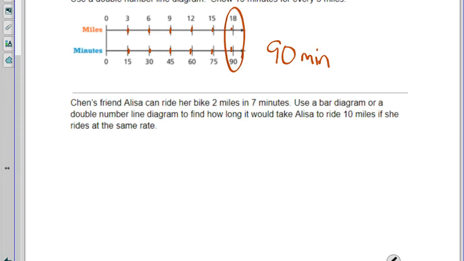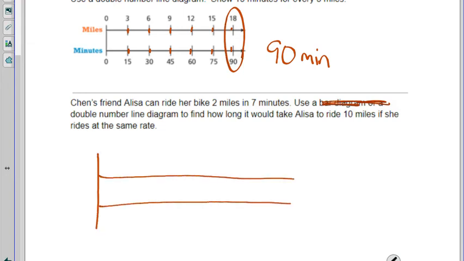So for this next problem, we're also going to use a double number line. We're not going to do the bar diagram. Use a double number line to find out how long at least it would take to go 10 miles if she rides at this rate of 2 miles every 7 minutes. So you're going to set up your double number line, right?